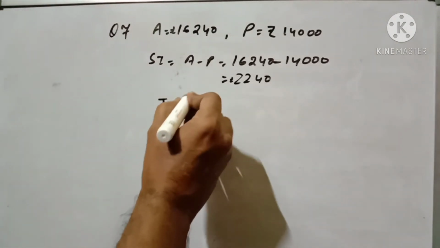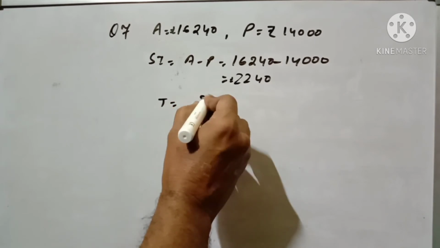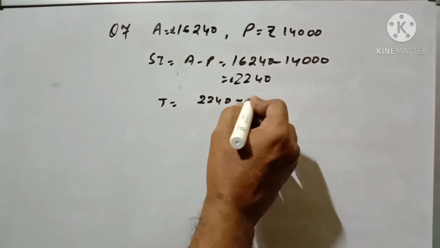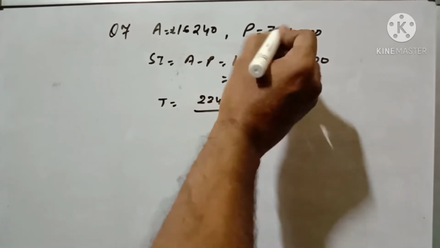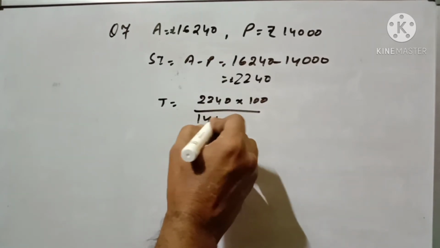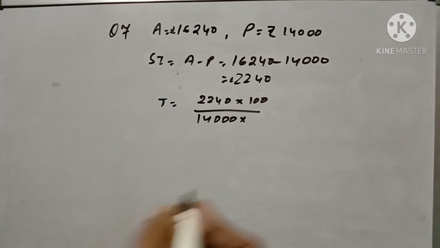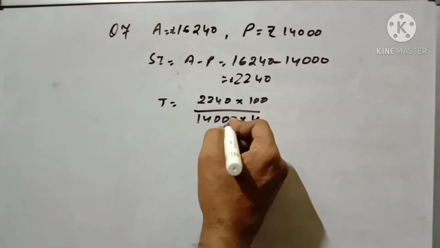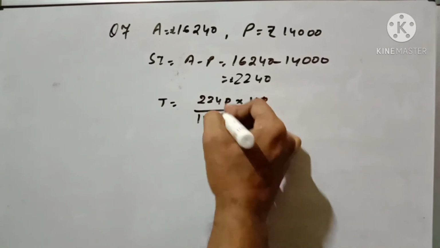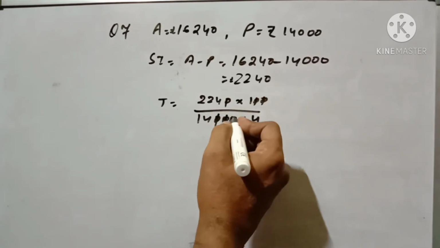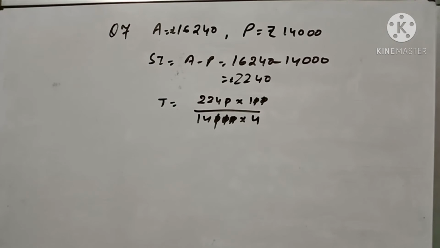So T equal to, as we know, SI into 100, means 2,240 into 100, and our principal is given 14,000 and rate of interest is given 4%. I can remove the 0 now.